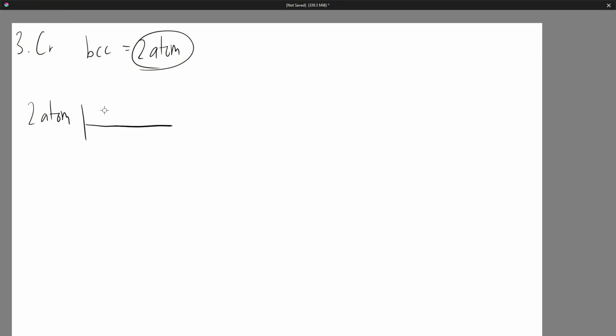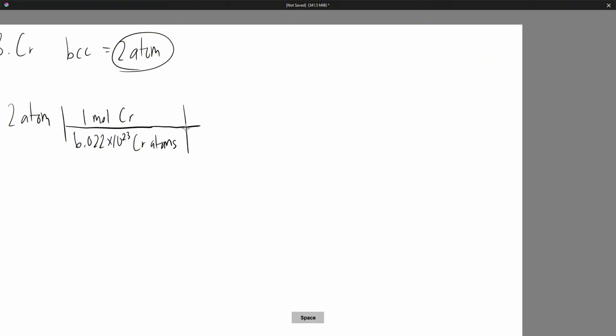So first off, we convert it into a number of moles. So it's 1 mole of chromium is 6.022 times 10 to the 23rd chromium atoms, Avogadro's number. Now we find the molar mass of chromium and convert that into number of grams. The molar mass would be 51.9961 grams chromium.